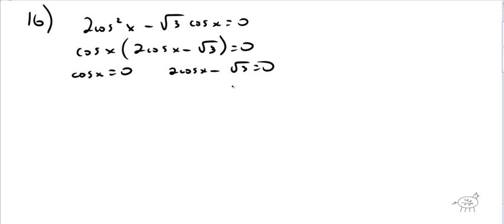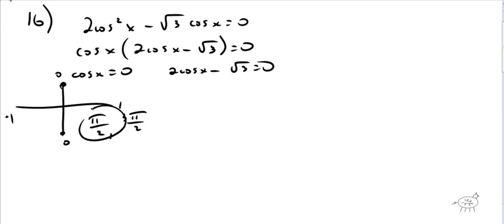Of course, cosine of what is 0? And we're up here and here, right? From 1, 0, -1, 0. So we are still in radians. So it's going to be pi over 2 and 3 pi over 2.